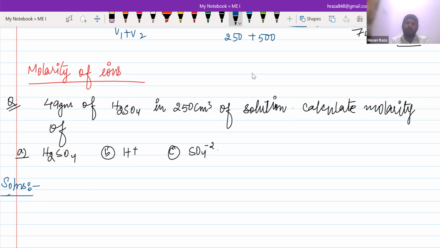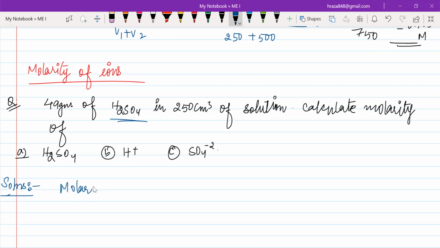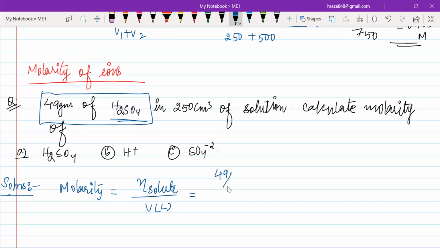Whenever you need to calculate the molarity of ions, first you need to calculate the molarity of the solution. The normal formula we are going to apply: molarity equals number of moles of solute upon volume of solution in liter. Number of moles of solute is given mass 49 gram upon 98, the molar mass, and volume of solution is 250 centimeter cube divided by 1000.